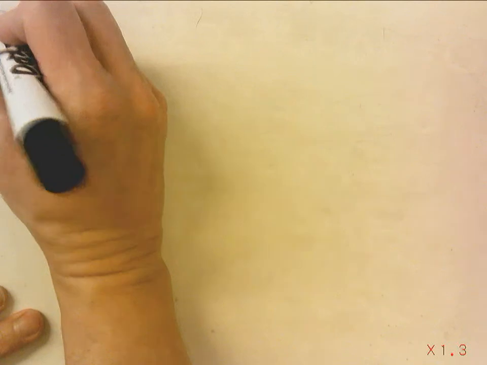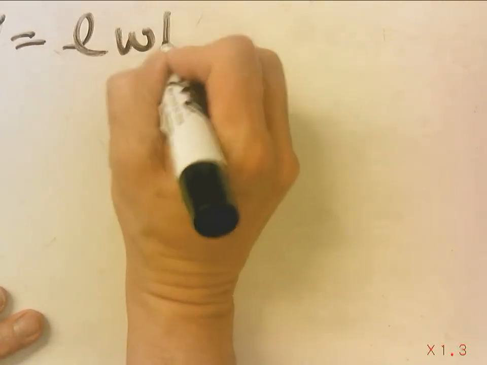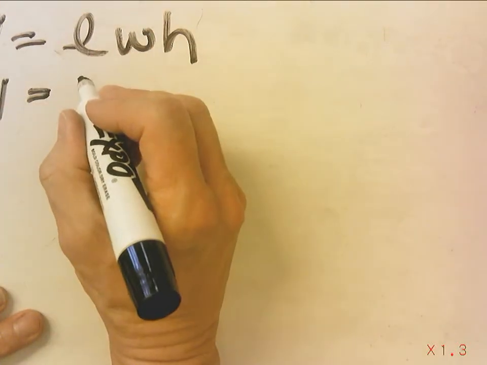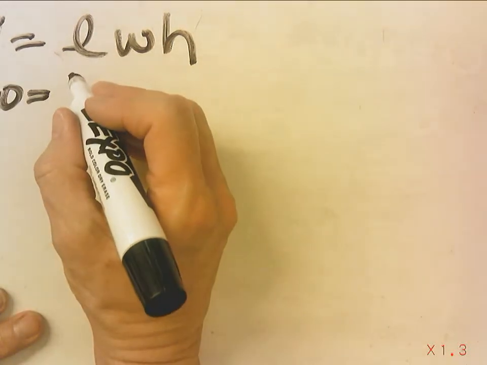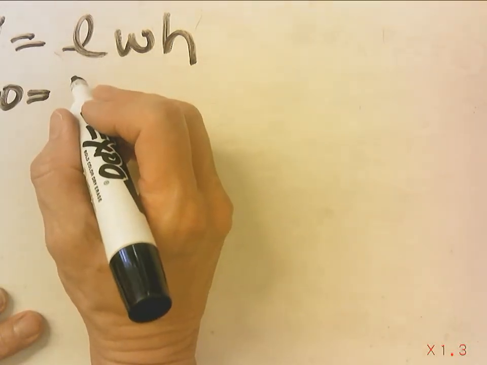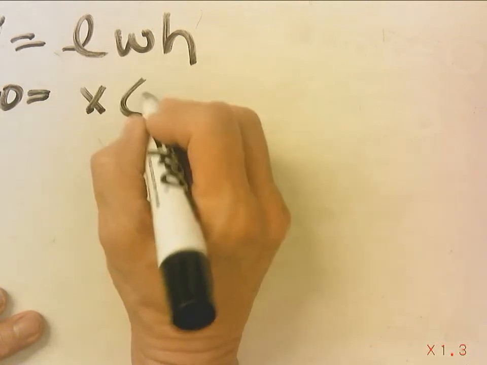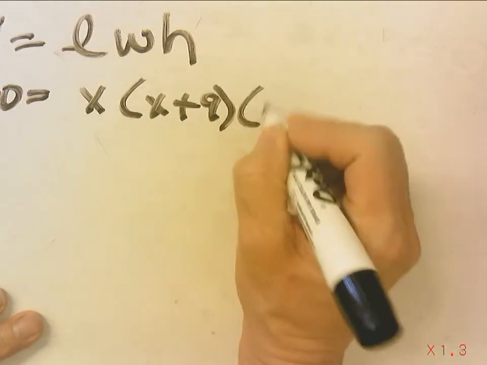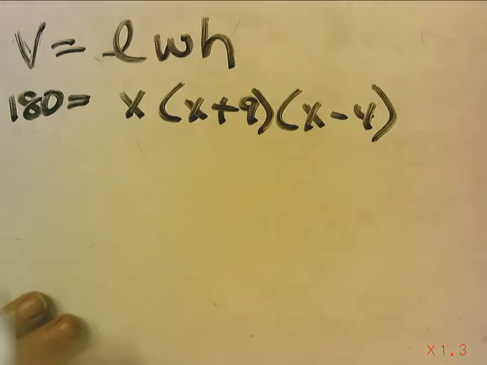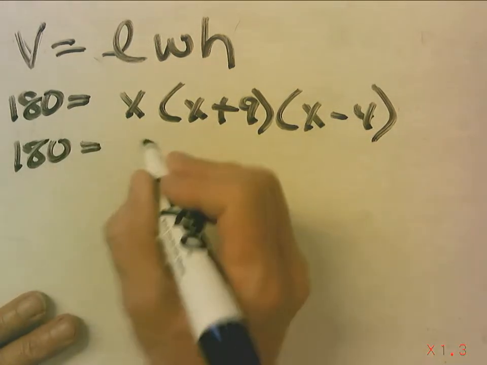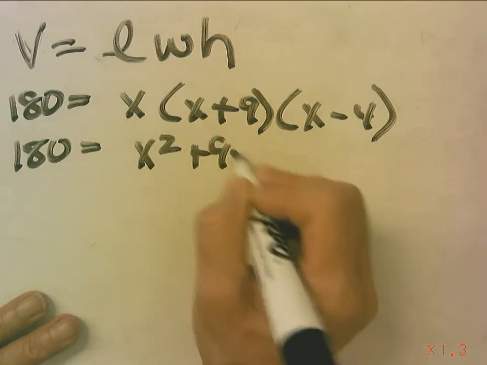Okay, now for this last problem, we know volume equals length times width times height. And here, they're telling you the volume's still 180, but the length is x, the width is x plus 9, and the height is x minus 4. So now, once again, I have to multiply. This becomes x squared plus 9x.